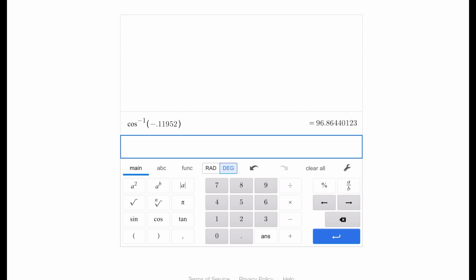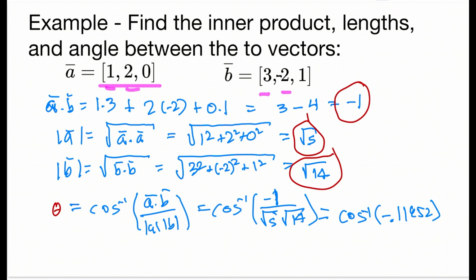Okay, so that's going to give us 96.86 degrees. We can see we're in the degree function. Now we switch to the radian function, and that's going to give us 1.69 radians. So let's transfer that information from Desmos into this. We're going to get theta is equal to 1.69 radians, or 96.8 degrees. So that is our angle.